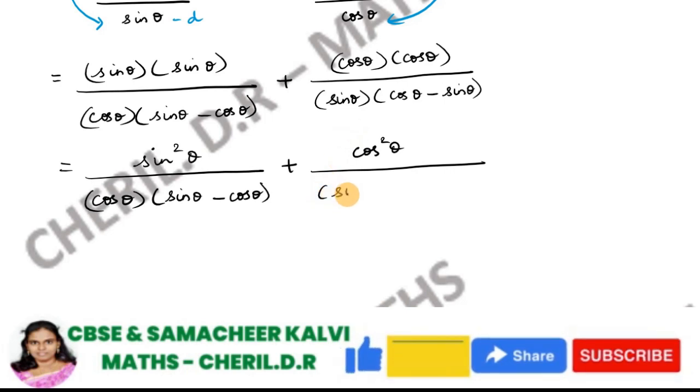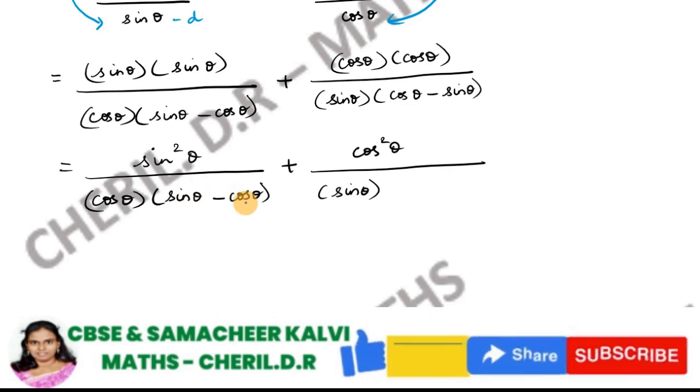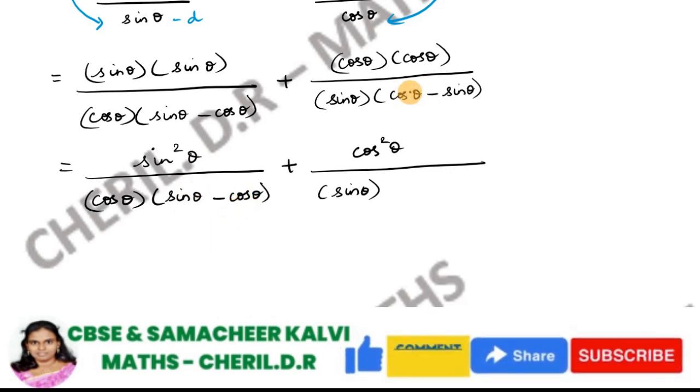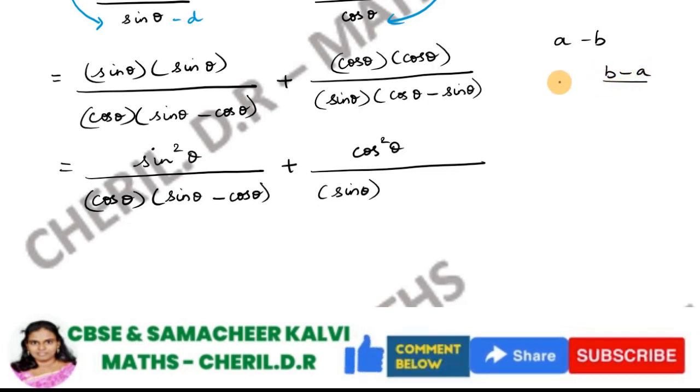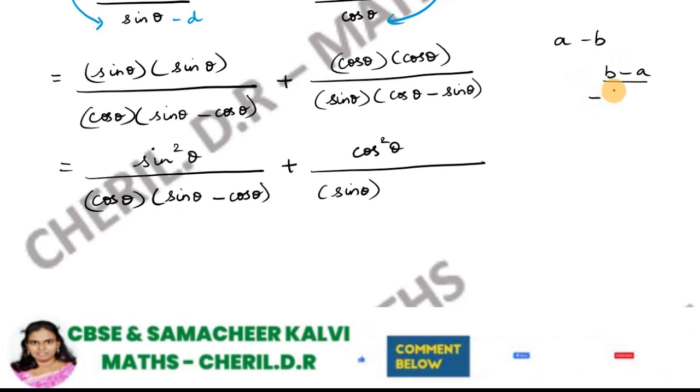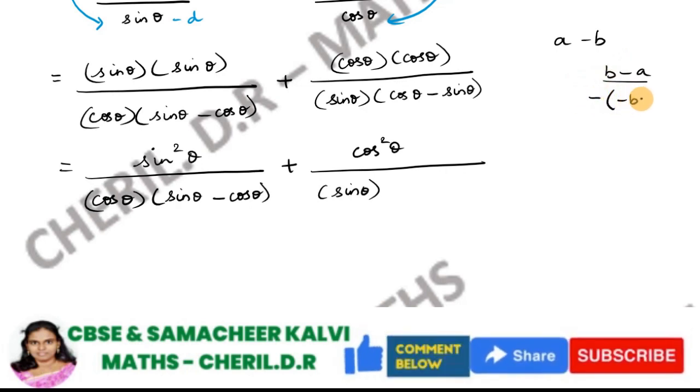Sin theta I am going to write as such. Here I have sin theta minus cos theta, but here I have cos theta minus sin theta. Okay, in one place I have a minus b, in another place I have what? b minus a. If I take the minus outside, I can even write it as minus of minus b plus a, isn't it?